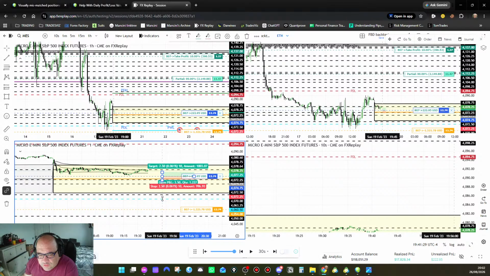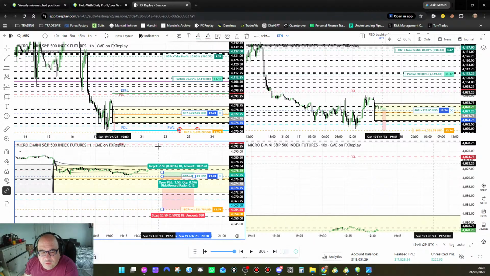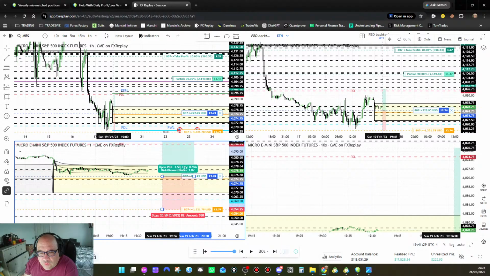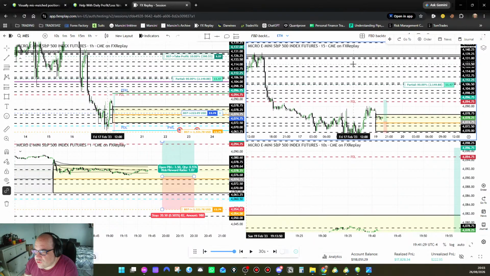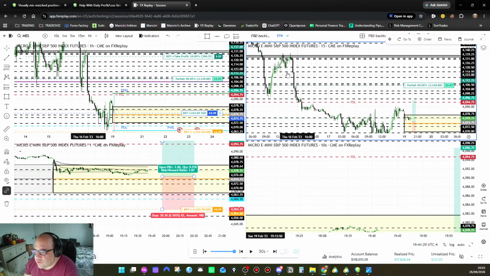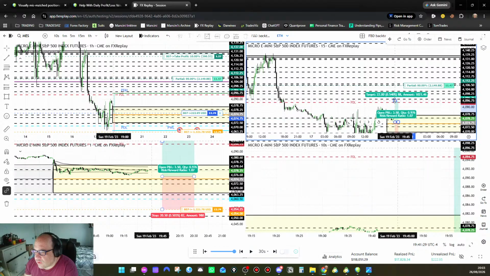We have our stop loss here, which is the original stop loss. And now I'm gonna target for the full backtest of the position, which is this level right there. Right there, I would say.